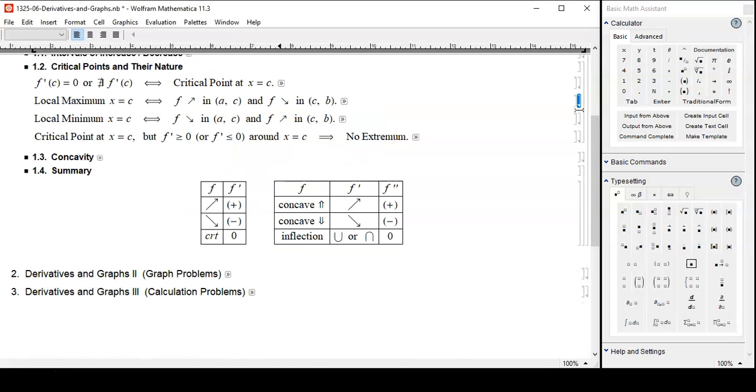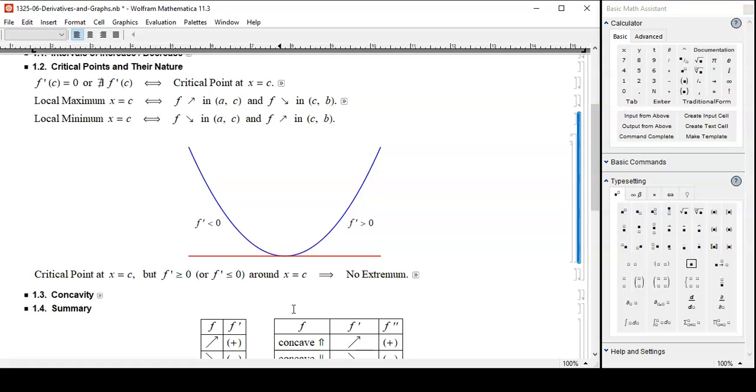Now the other way around. Local minimum: decreasing, hit horizontal tangent, and increasing. Again, we have a similar deal. We have a critical point here, and then we have sign change, negative to positive. Derivative is negative, so the original function is decreasing.